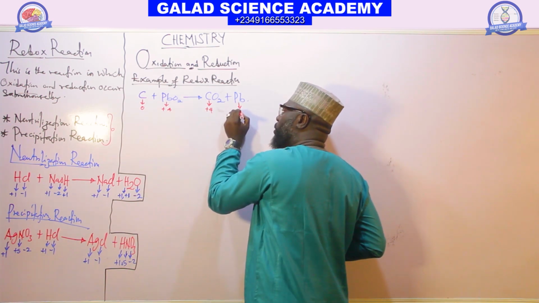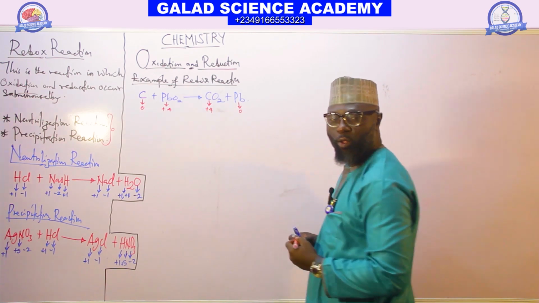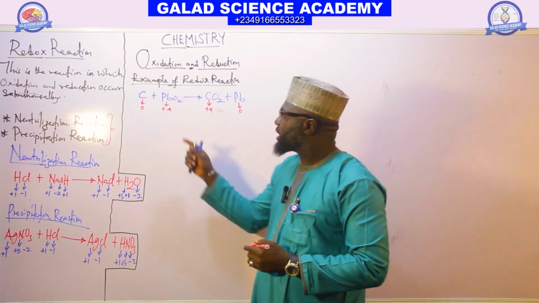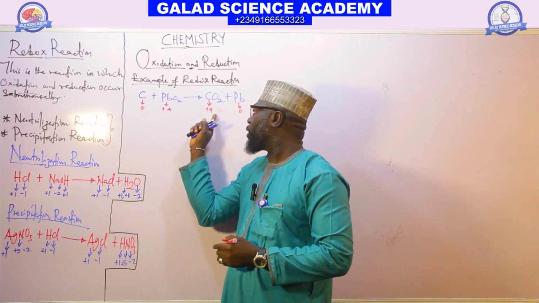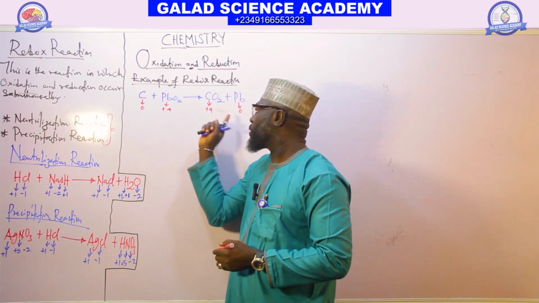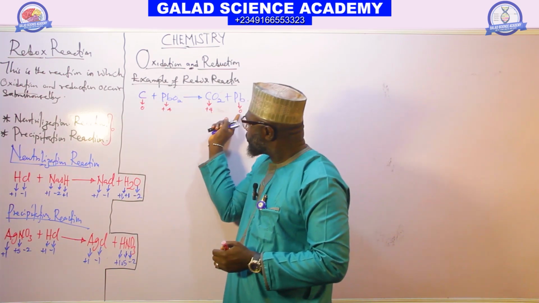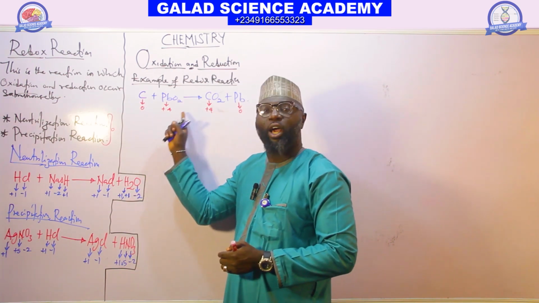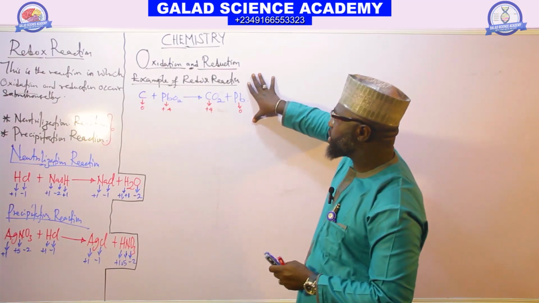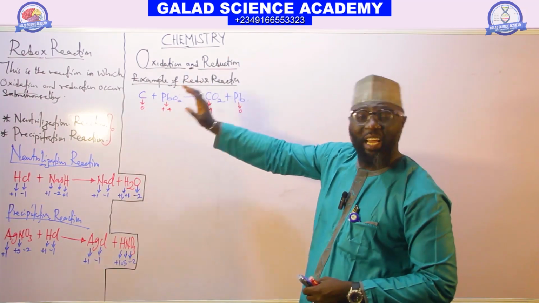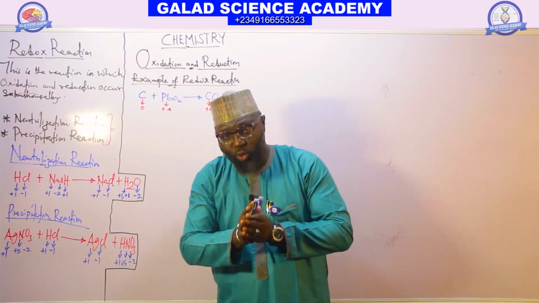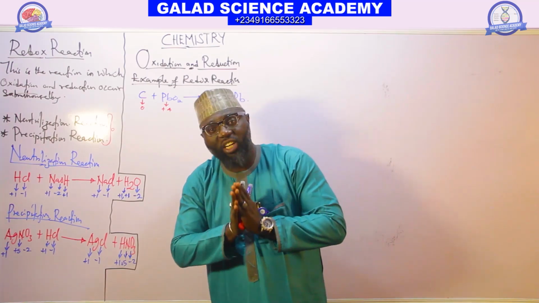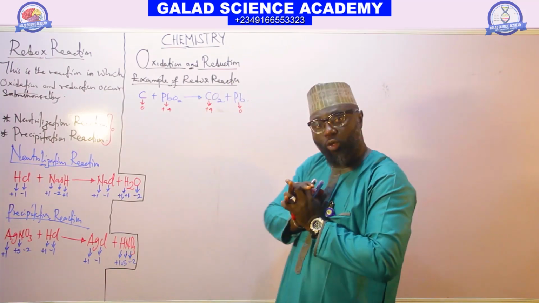Lead here becomes 0. You can see that the oxidation number of carbon changed from 0 to +4, lead from +4 to 0. Due to the change in oxidation number of the carbon and the lead here, automatically this reaction is a redox reaction. That's how we can identify whether a reaction is redox or not redox.